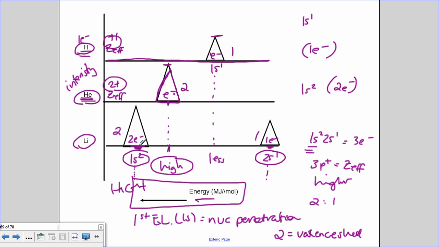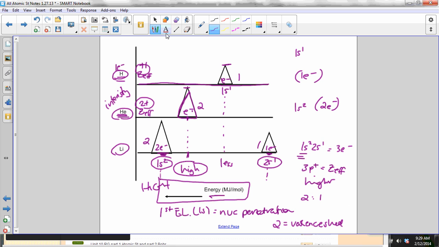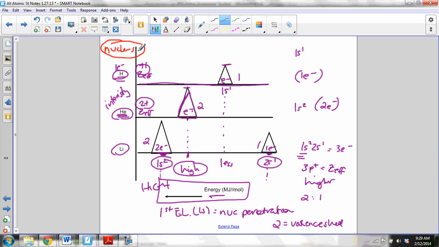So the way that the AP exam is going to probably write these out for you is drawing it similarly to this one. And so what they said is they're going to pretend the nucleus is over here, and then as you're expanding outward, the shells are expanding outward to the right. So the first energy level, I'll use lithium as my example.